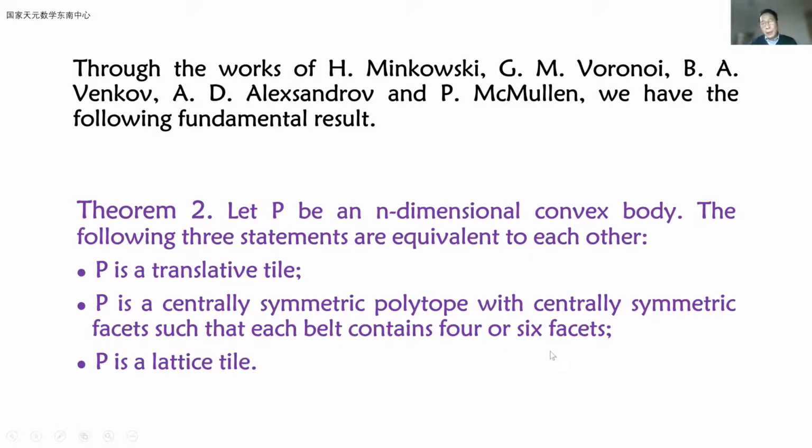So you cannot construct a more complicated one with more than 6. And if this condition is satisfied, the third one also holds: P is a lattice tile. So a translative tile must be a lattice tile and must have such a special structure. This is a very fundamental and elegant result. And I have to remark on this result: every translative tile must be a lattice tile.